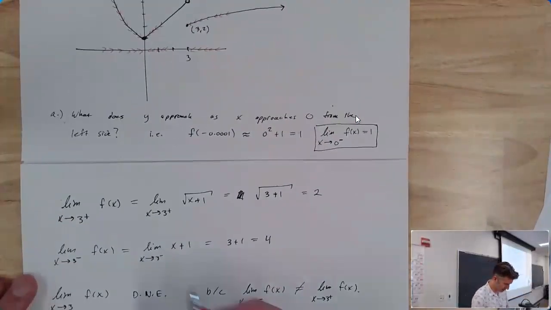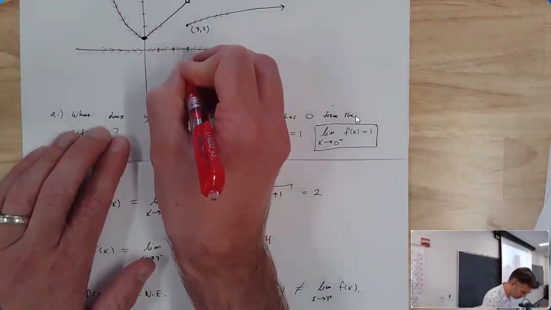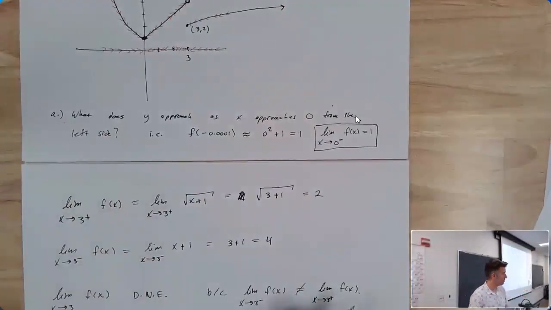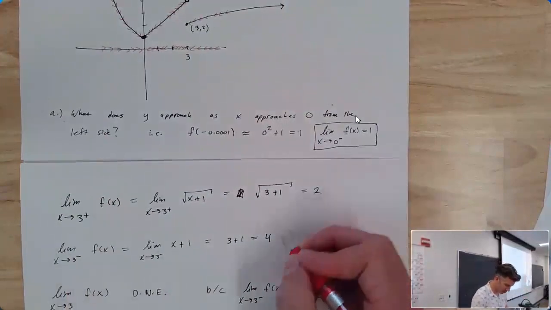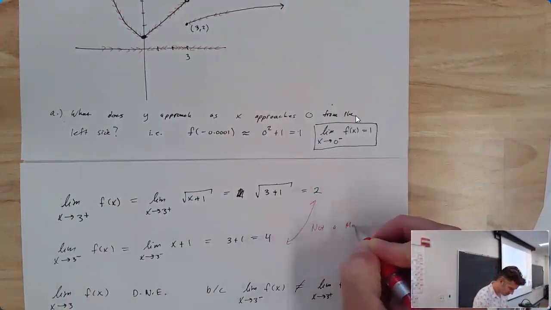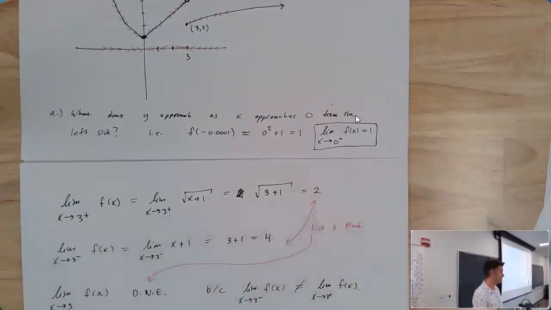And then the limit as x approaches 3 from the left, as x goes to 3 from the left-hand side, the y values are getting closer and closer to positive 4. So the limit as x approaches 3 from the left of f of x is positive 4. And since those don't match, that leads to us having a limit that doesn't exist.